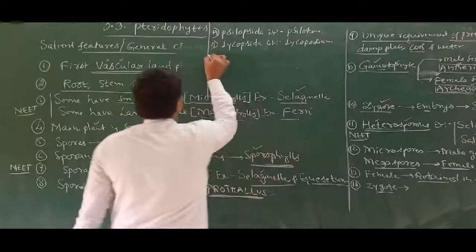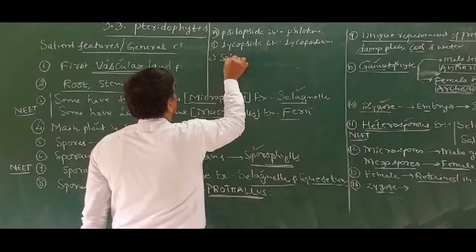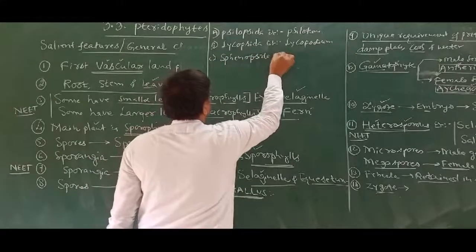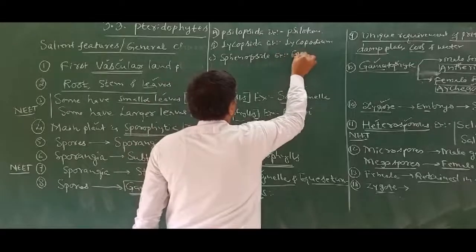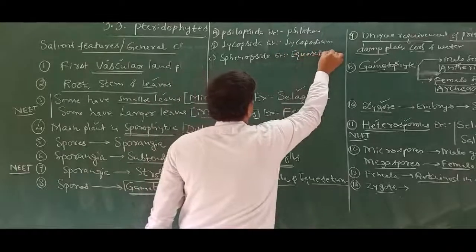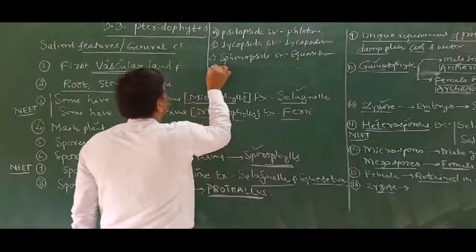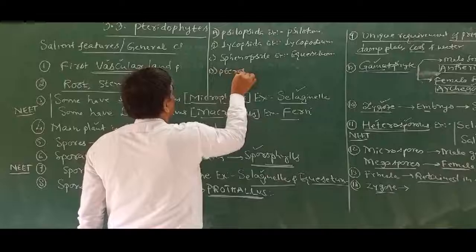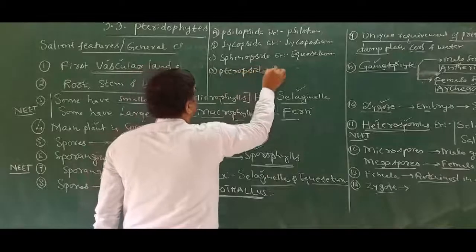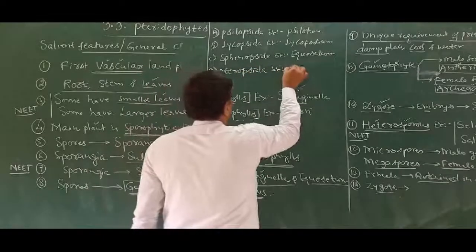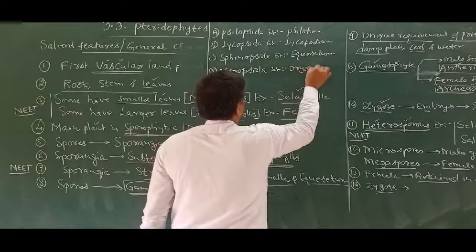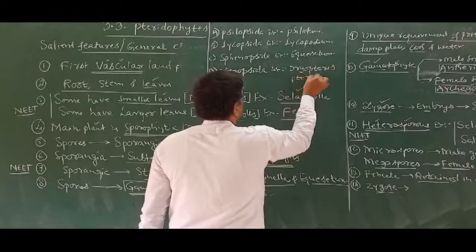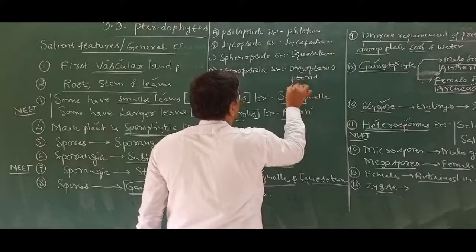And Selaginella. Then Sphenopsida. Example is Equisetum. And the next one is called Pteropsida. Examples are Dryopteris, Pteris, and Adiantum.